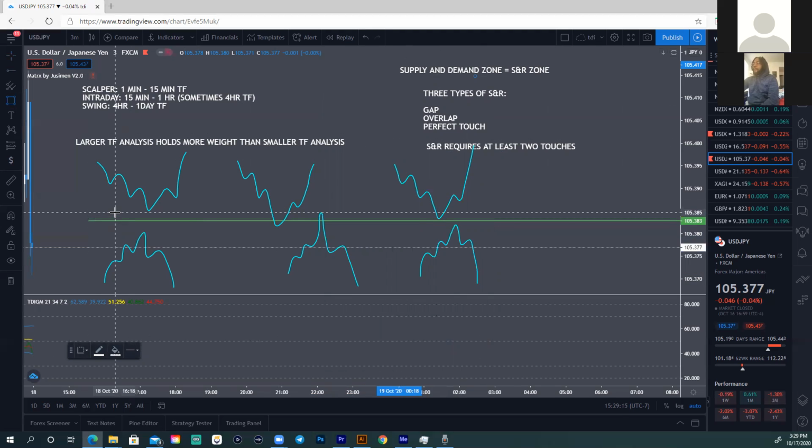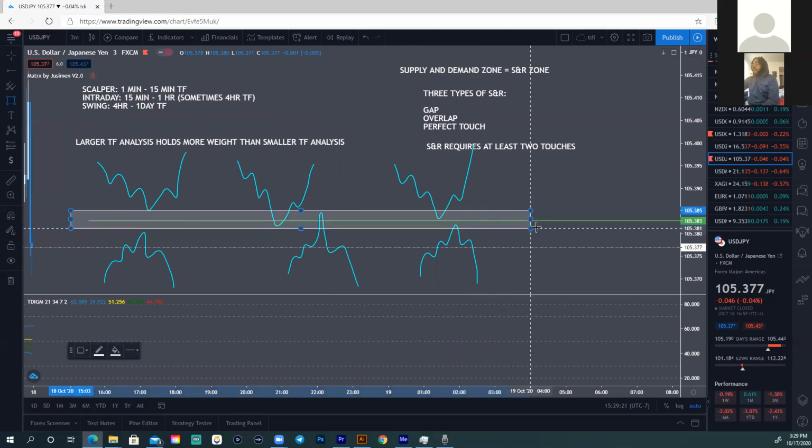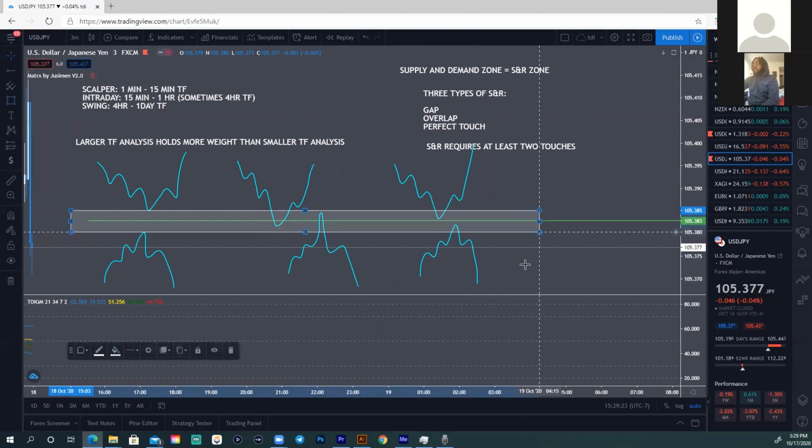So if you have a gap and then you start seeing price do this, you know that price is going to respect and consolidate within this zone. If price hits the top of this zone, it continues to the upside.